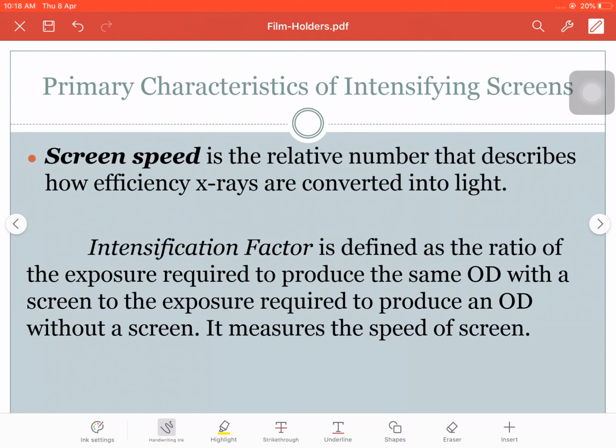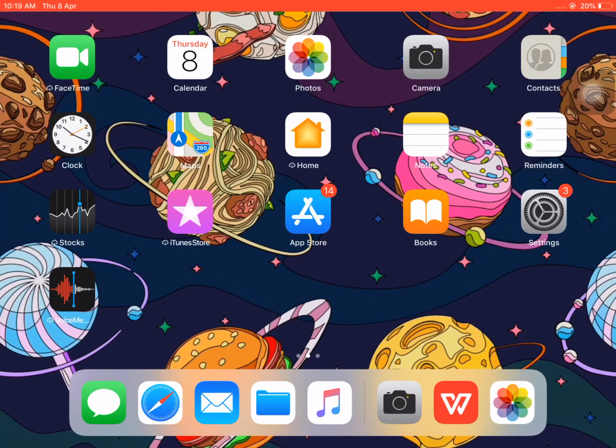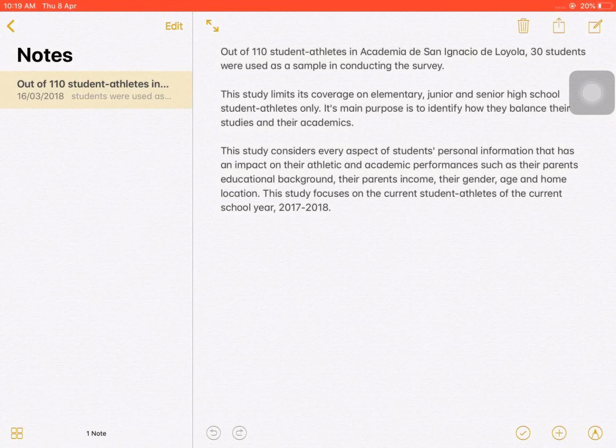We also have the intensification factor, defined as the ratio of the exposure required to produce the same optical density without a screen to the exposure required to produce that density with a screen, and it measures the speed of the screen. Here is the formula for the intensification factor.